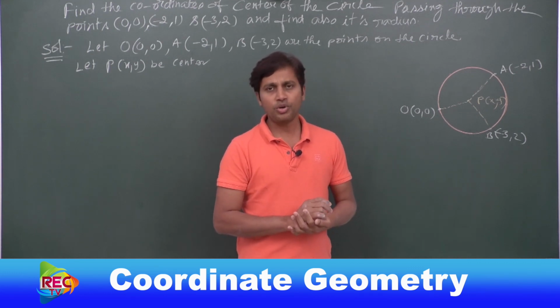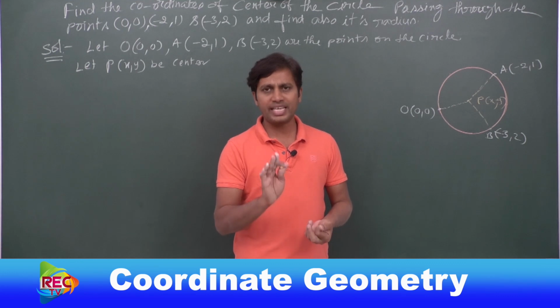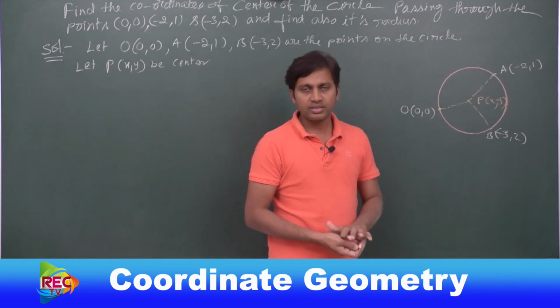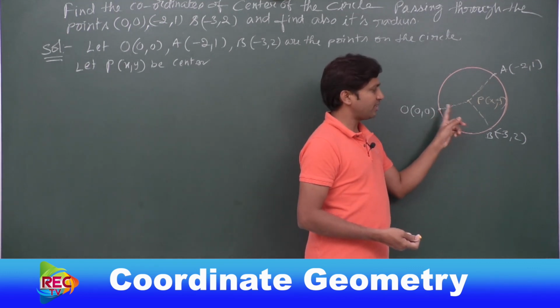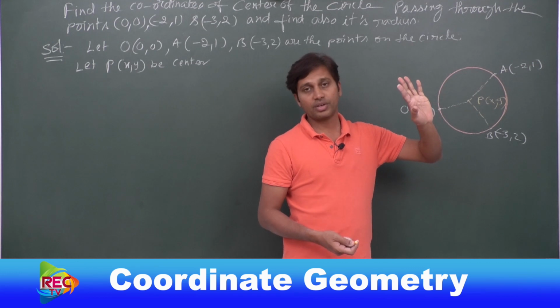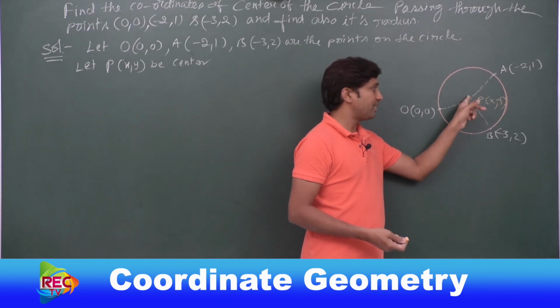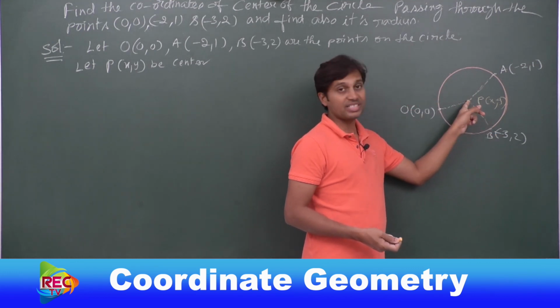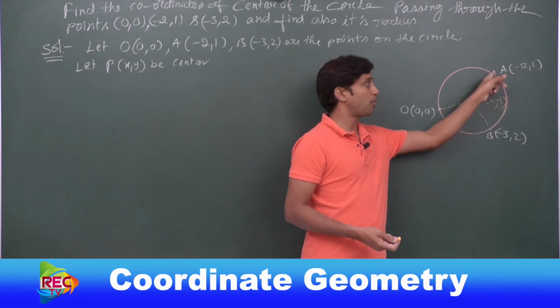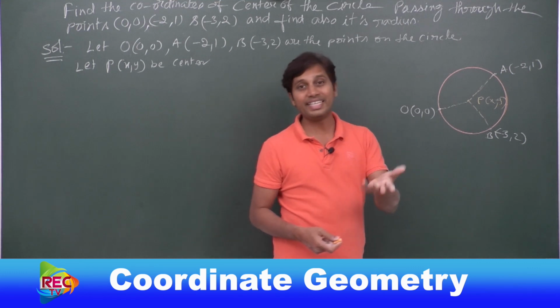Radius will always be equal at any point on the circumference, because all the points on the circumference are equidistant from the center.